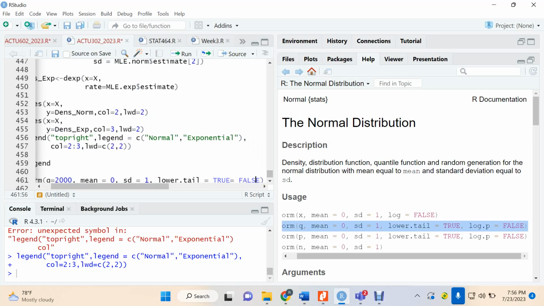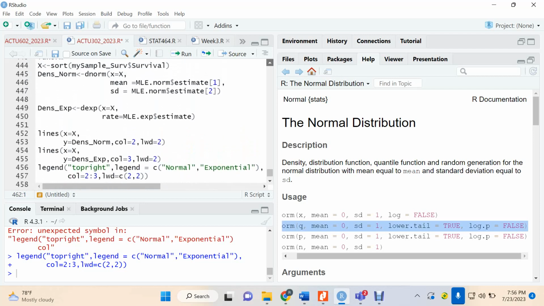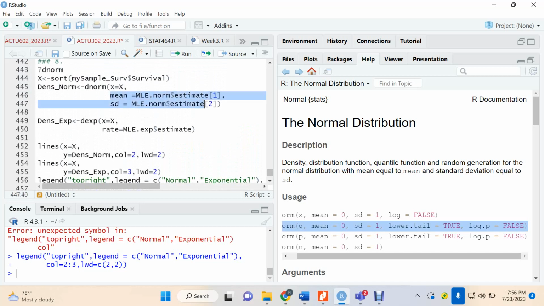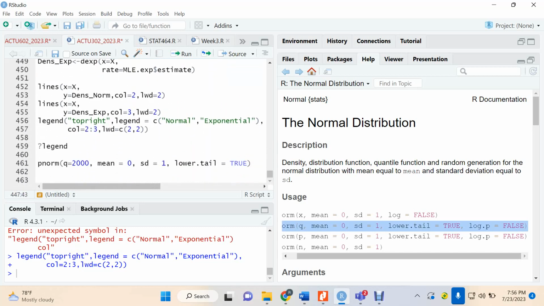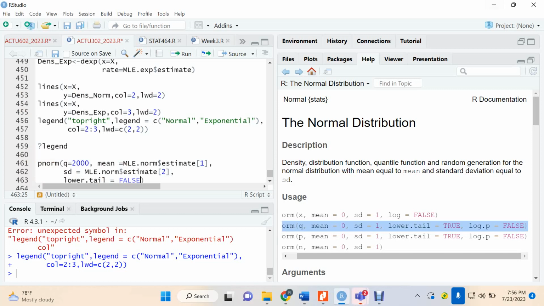If you remember what we used over here, let me copy them and put them inside like this. But lower tail I'll set to false.